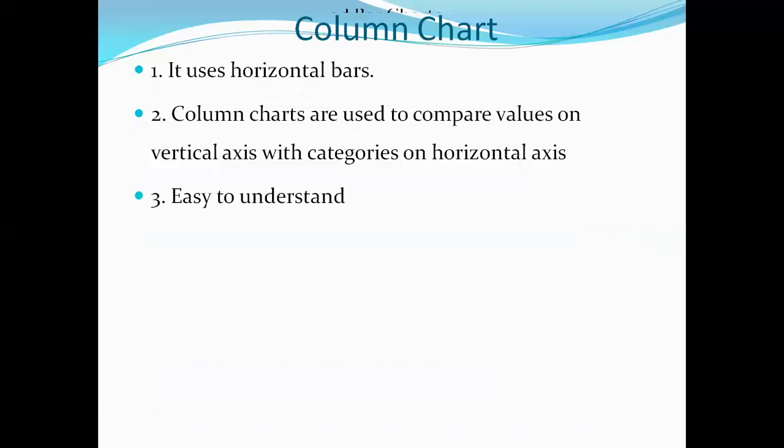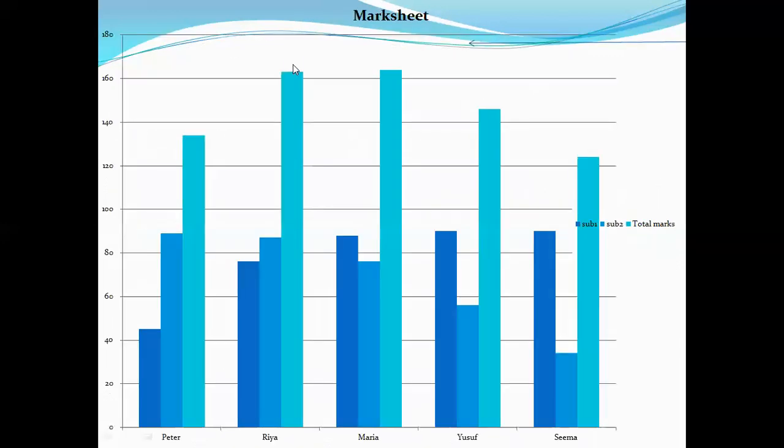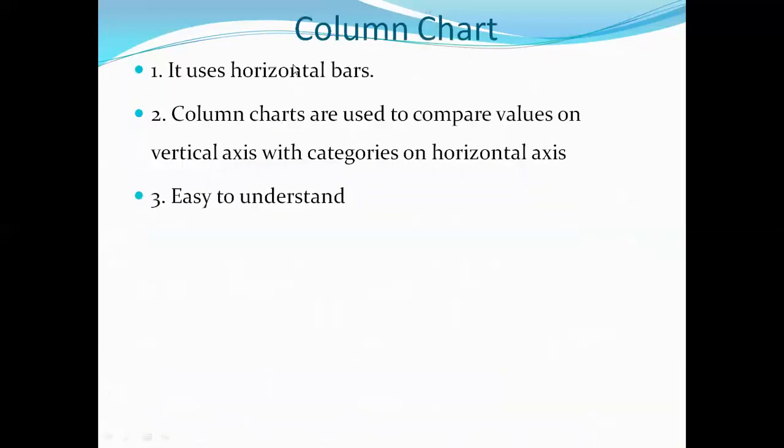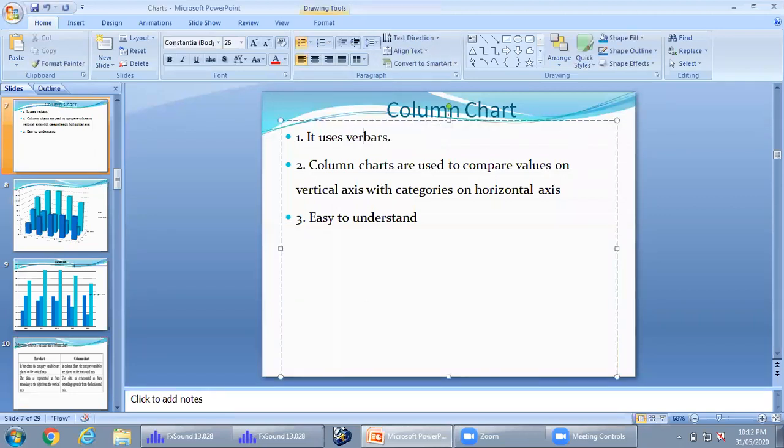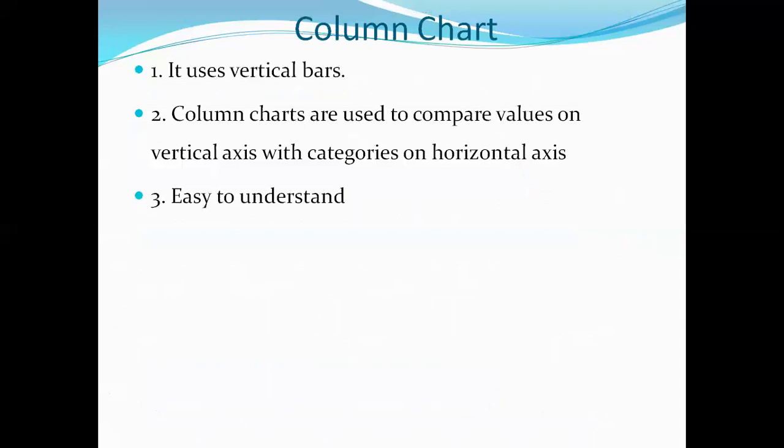Then comes the column chart. A column chart is a vertical bar. Okay, I have written here horizontal, but yes, it is a vertical bar. I will just change it. Yes, so it is a vertical bar. And the purpose of a column chart is the same as it is for a bar chart.